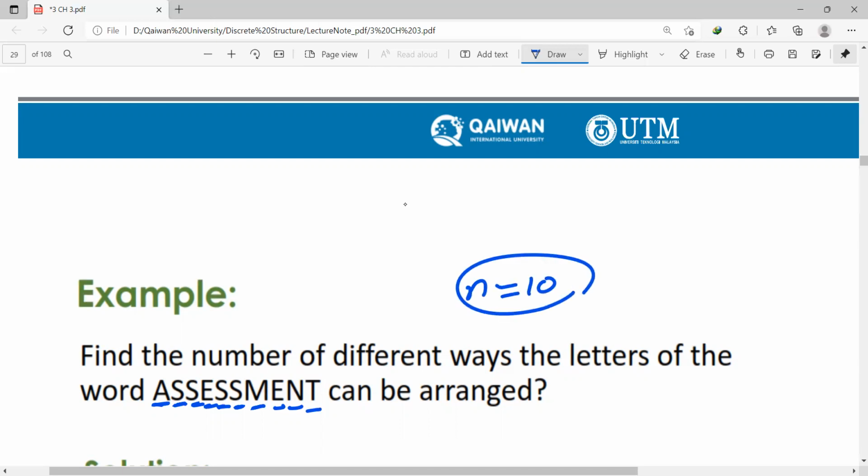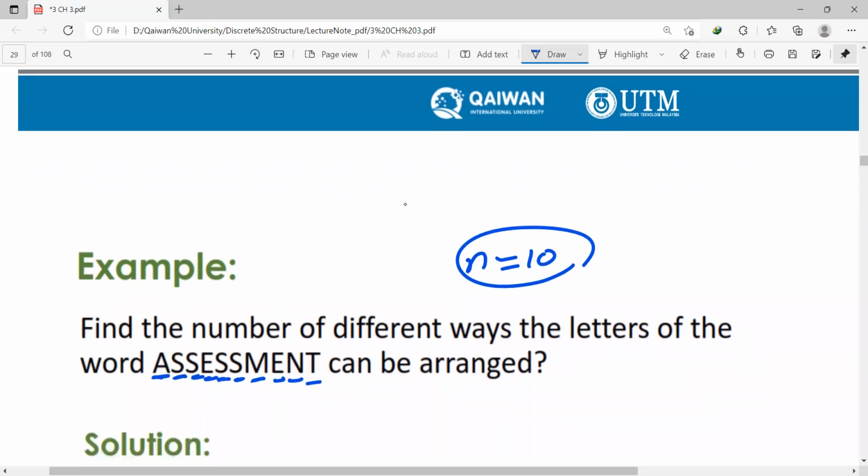Okay, and then we have different types of letters. We have A, we have S, we have E, we have M, N, and T. These are the different types of letters. So how many A do we have in the word assessment? We have only 1. How many S's do we have? 4.